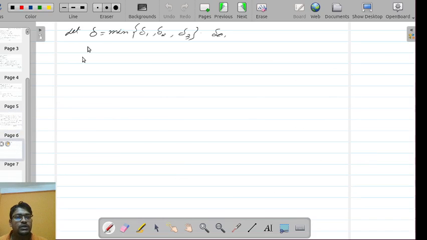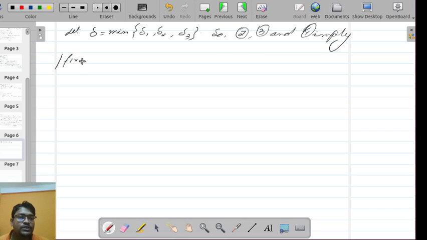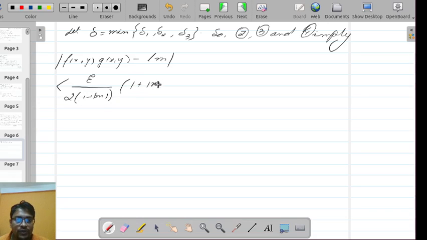So after this, we come to this. 2, 3 and 4 imply that mod of f of xy into g of xy minus lm will be strictly less than epsilon by twice 1 plus mod m, which is already there, multiplied with 1 plus mod of m, plus epsilon by twice 1 plus mod l multiplied with mod of l.